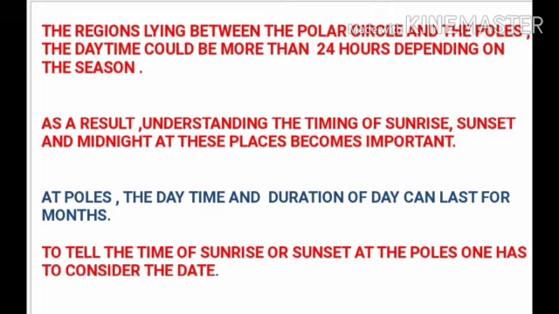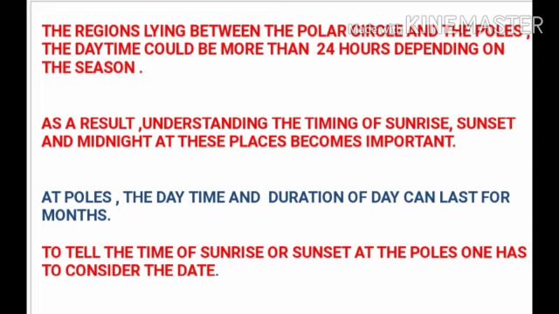In the regions lying between the polar circle and the poles, the daytime could be more than 24 hours depending on the season. Now you would ask me, how more than 24 hours? Have you seen how the earth rotates around the sun? It is rotating sideways. So from all the sides the earth will get the sunlight, but the top place, just try to imagine or see the picture, the top and the sunlight do not have any connection.